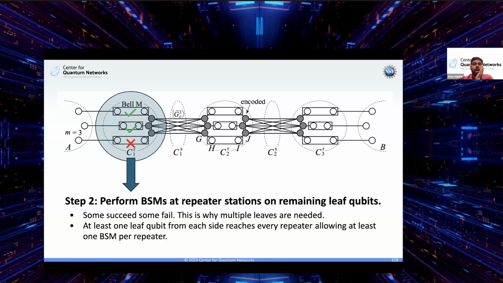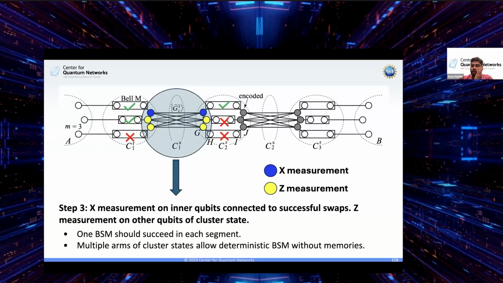Okay. So now what do you do? Once you have the Bell measurement outcomes, you have to do the following adaptive single qubit measurements, which is if an inner qubit is connected to a successful Bell measurement.